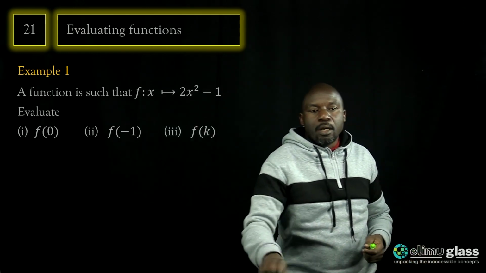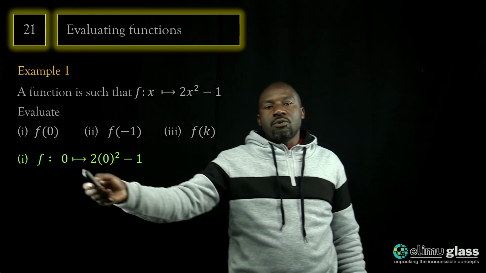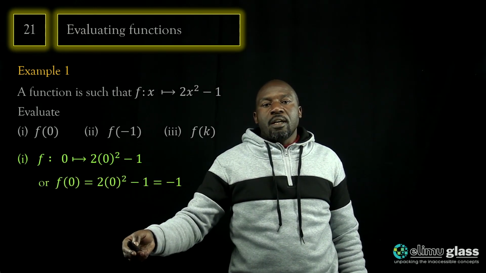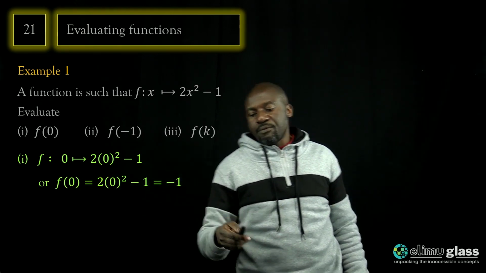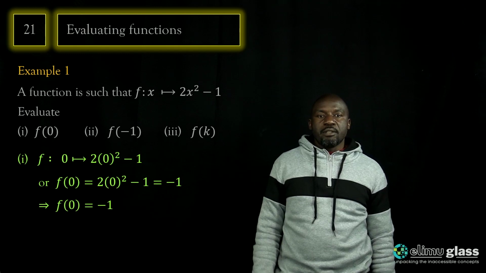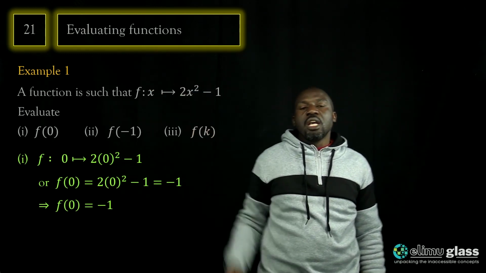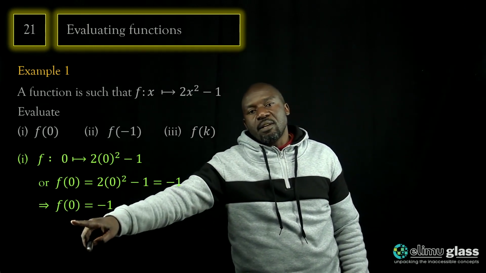All right, so f of 0, input 0 there. It's the same, f of 0 is this, which is negative 1. So we can say f of 0 is negative 1. Okay, we are evaluating functions. We have evaluated f of x for x equals 0.